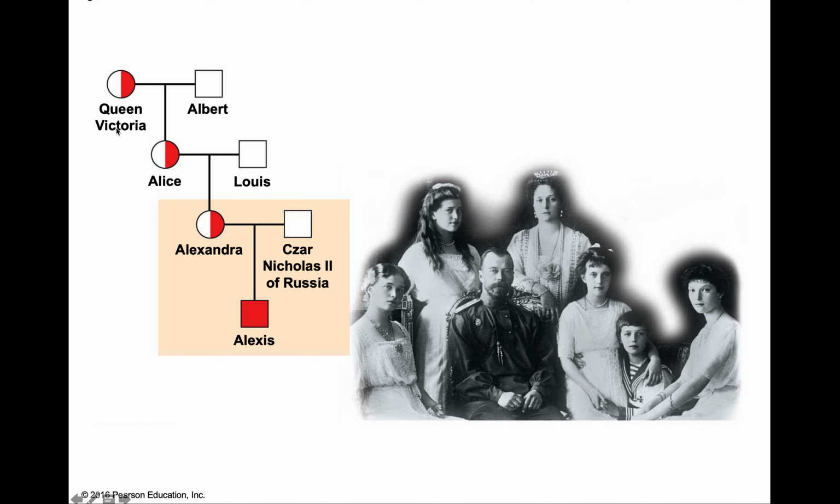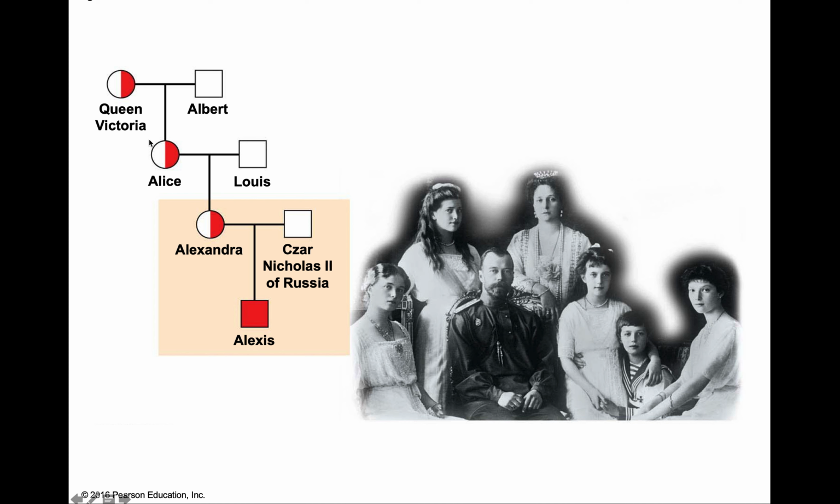Here we have a pedigree showing the British royalty marrying someone from Russia, and then we have a child that has hemophilia, but as you can see, because it's sex-linked, look what happened. All the females were carriers for it.